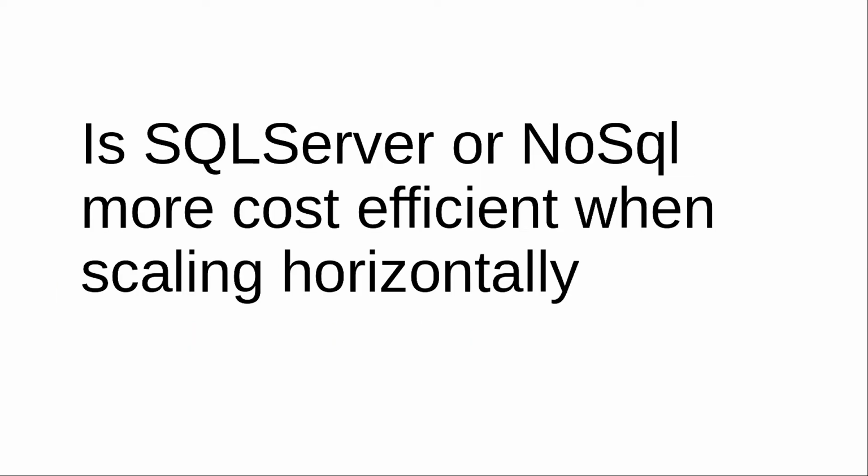And a related question that may come to your mind is: is SQL Server or NoSQL more cost efficient when scaling horizontally? So the cost of horizontal scalability is mostly a function of hardware provisioning and server hosting, and much removed from the software used for a database system, in my opinion.